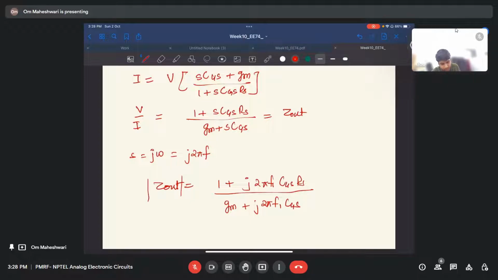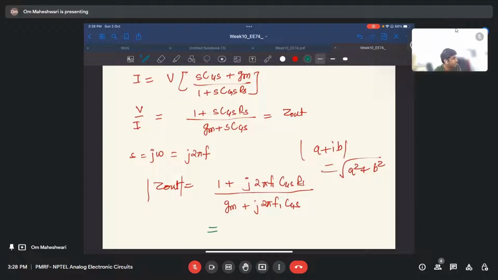When you take the magnitude, if it is A plus jB, the magnitude is root of A square plus B square simply, right? So you can solve separately for denominator and numerator and then just divide.